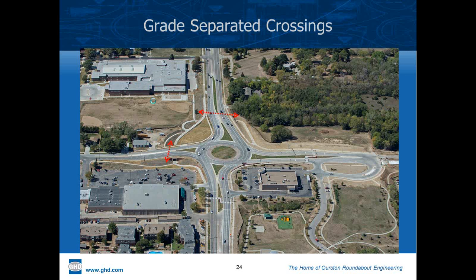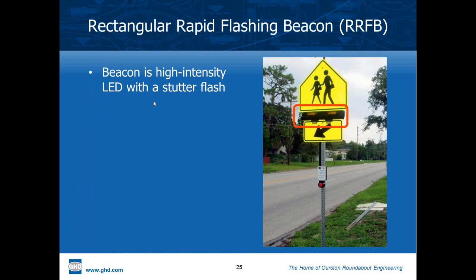The RRFB is gaining popularity. Federal Highways is undertaking tests in several sites across the U.S. and finding that the driver response and compliance rates are increasing or show promise and favorability for the use of the device.